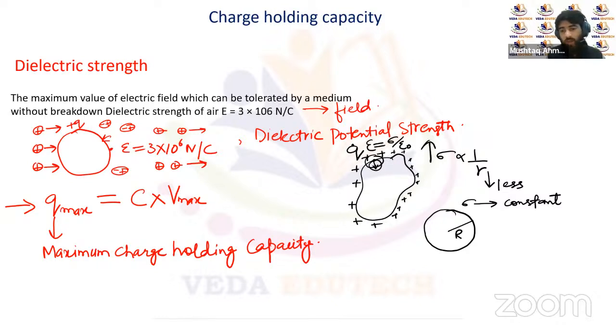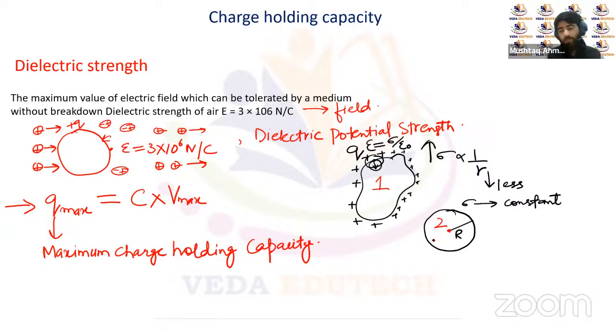If we compare the two conductors, it's more likely to have a dielectric breakdown in the first conductor than the second, because the radius of curvature for the first conductor is different at different points. Where the radius of curvature is very small, the charge density at that point is going to be more, and the electric field strength will be more at that point. It's very likely that for this conductor there can be a dielectric breakdown, rather than for this regular shaped conductor.